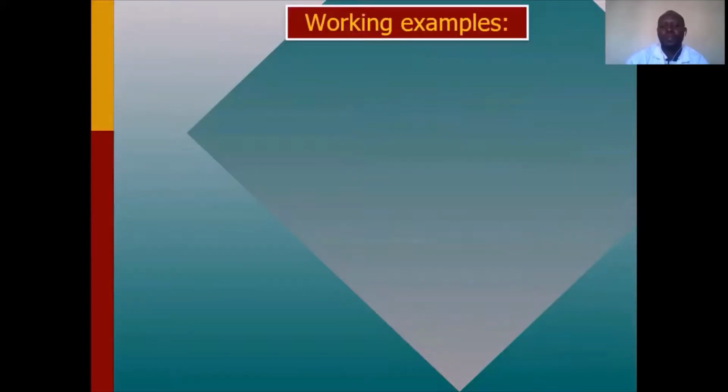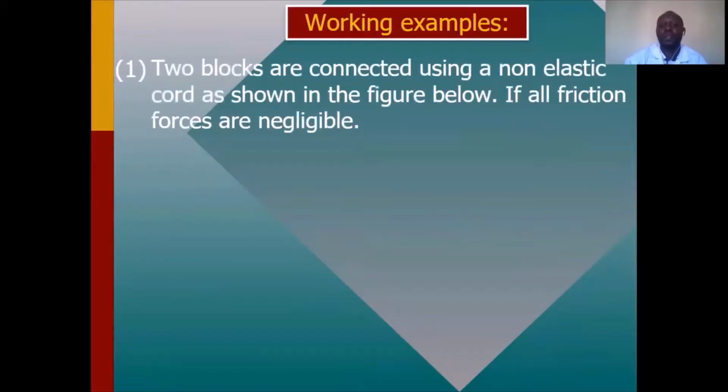Working examples. Example number 1. 2 blocks are connected using a non-elastic cord. A cord is a strong wire, as shown in the figure below.